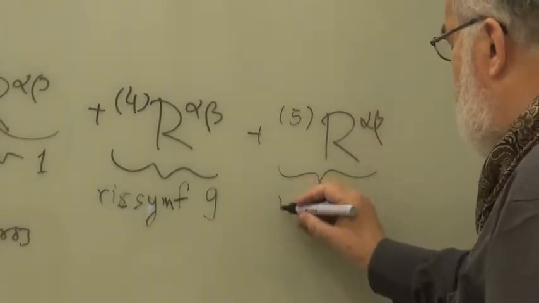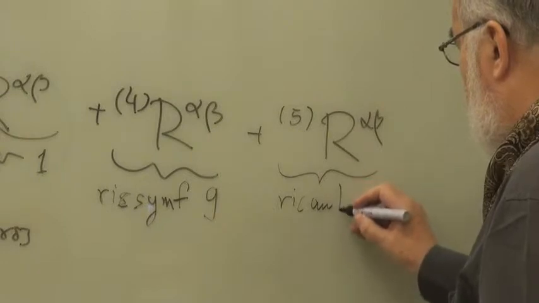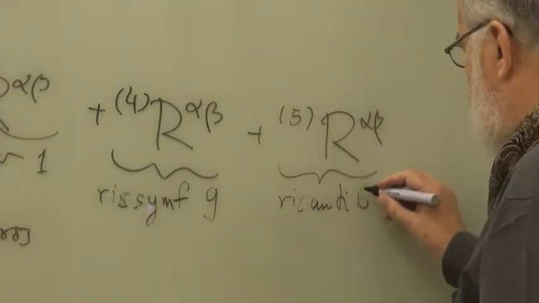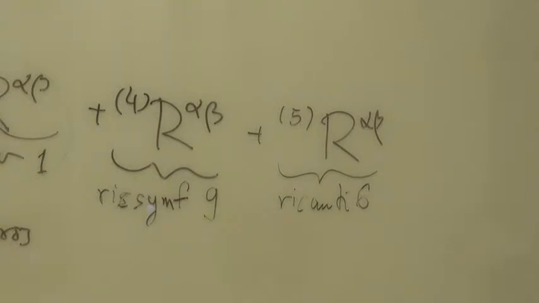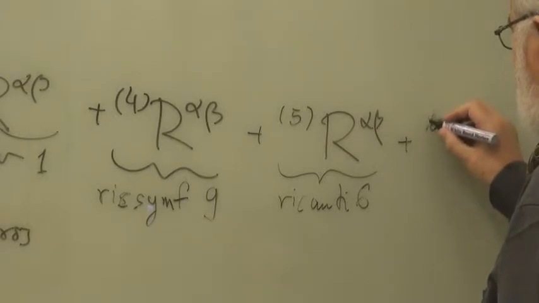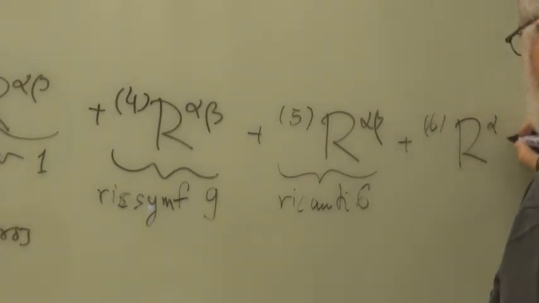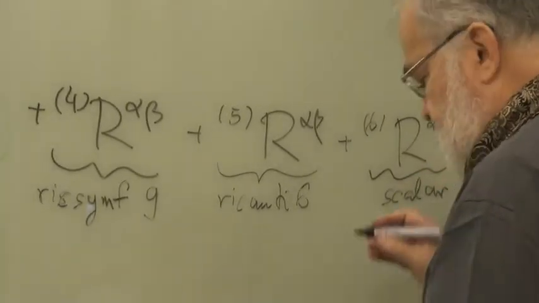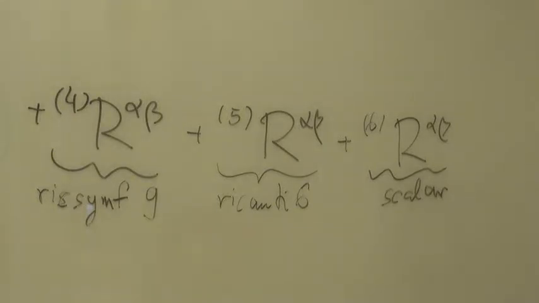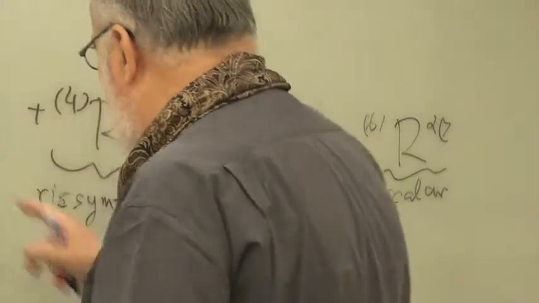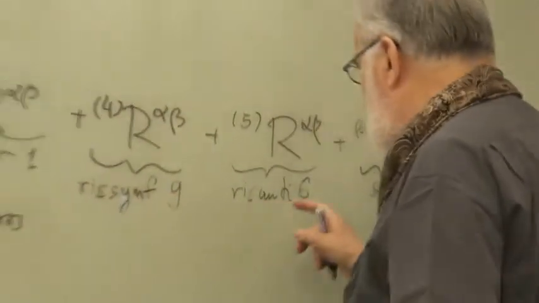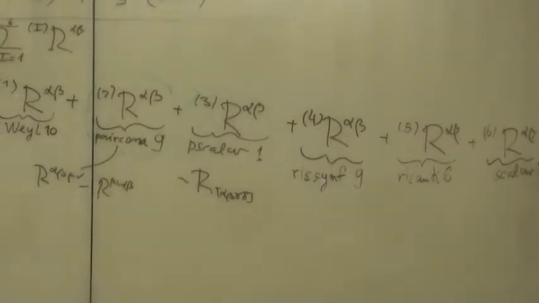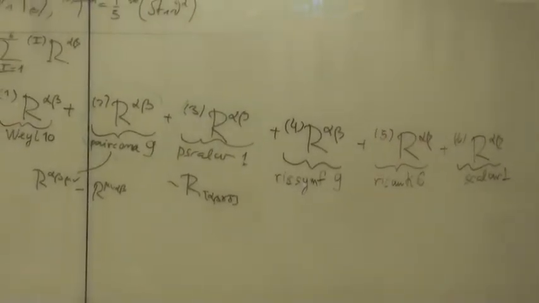And this is just the antisymmetric Ric-anti, which has this antisymmetric piece with 2 indices, 6 in 4 dimensions, and then you get the curvature scalar, which we call R6. This is a scalar, which we have also in Einstein's theory. So you have here a decomposition into 10 plus 1 plus 1 plus 9 plus 1 plus 9 plus 6 plus 1. So this is an irreducible decomposition.